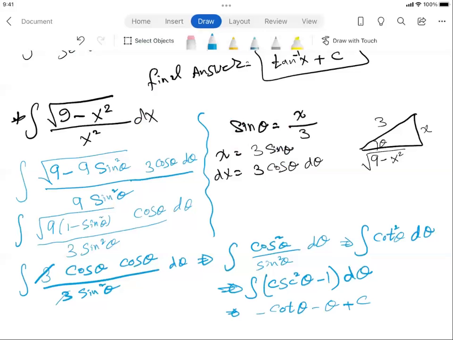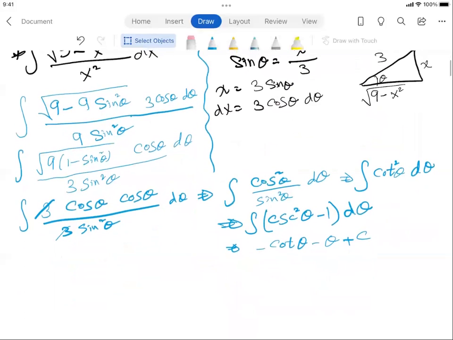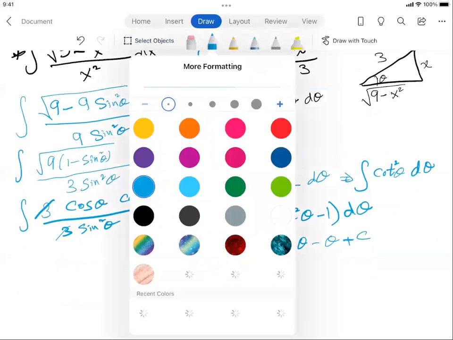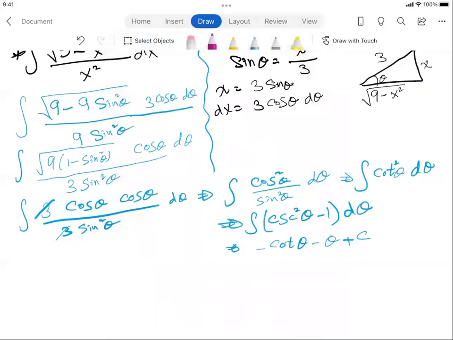So now we need to put everything back in terms of the original variable, which is x. So from this, let me choose a different color.